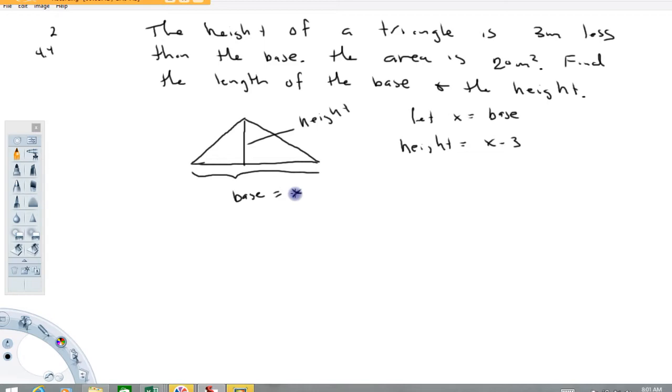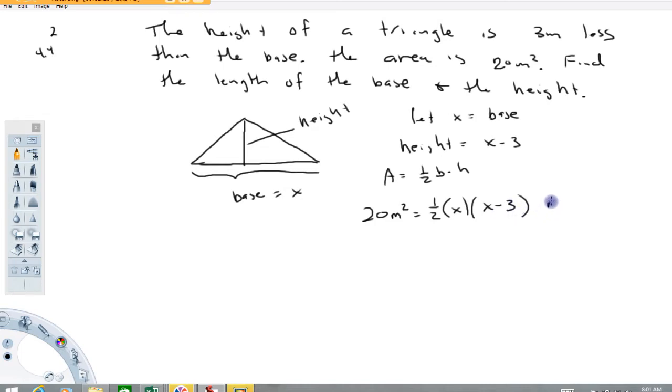Next, it says the area is 20 square meters. Hopefully we know this, but if we don't, we can look it up. The area of a triangle is equal to 1/2 the base times the height. So in our example, the area is 20 square meters, and that's going to equal 1/2 the base, which I called x, times the height, which is x minus 3, in square meters.